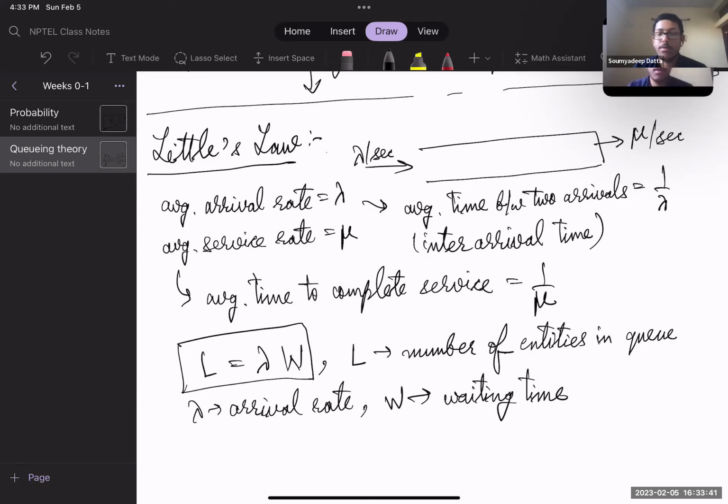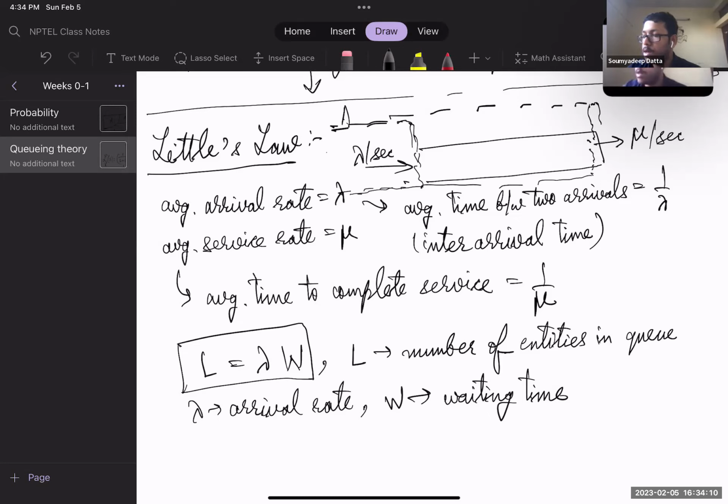And you can treat every part independently. It depends on what system you are considering. You can model just the part before and apply Little's law over here. So if you want to find out the average waiting time before you even get into the queue, you can model the queue before the service.